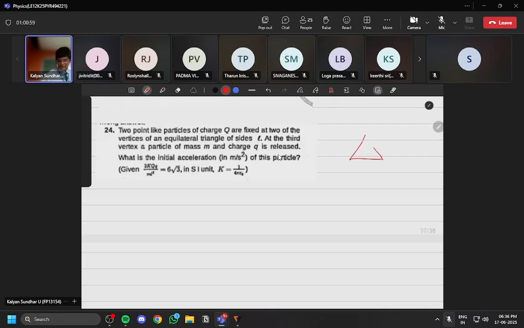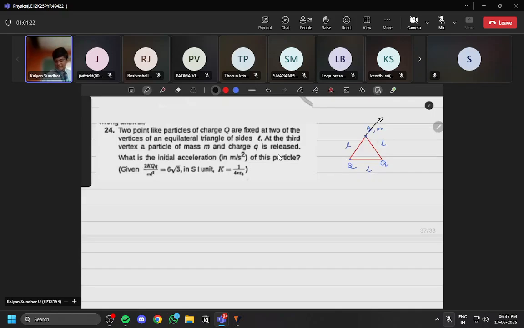So this is your equilateral triangle. Capital Q, side is L. At this point a small charge has been released with mass m. Right. Now tell me what will be the force due to these two charges. We have to draw in vector form. So due to this one it will be away.